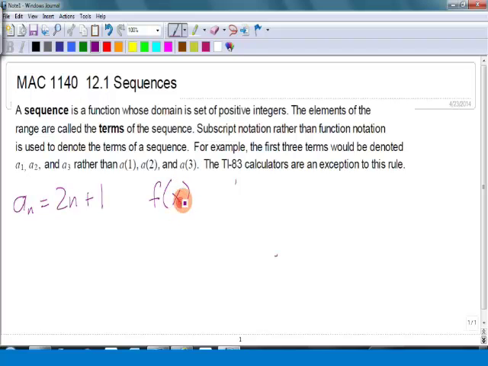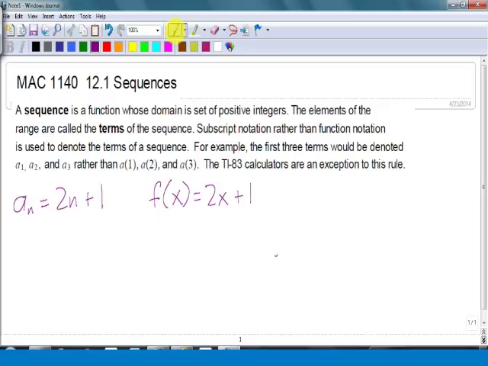Instead of saying f of x, like we would do for a function, we use a subscript, A sub n. So the n represents the independent variable, very much like the x represents the independent variable when we're talking about functions.